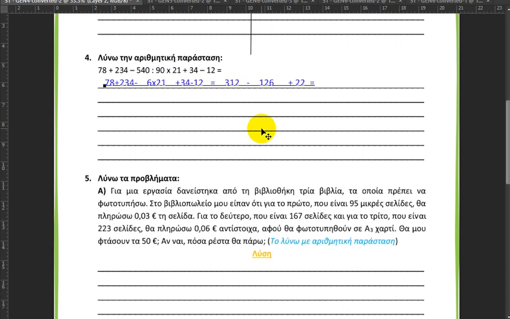So this is equal to 312 minus 126 makes how much? 212 minus 26, which makes 206 minus 20, which makes 186 plus 22. And this is equal to 208.